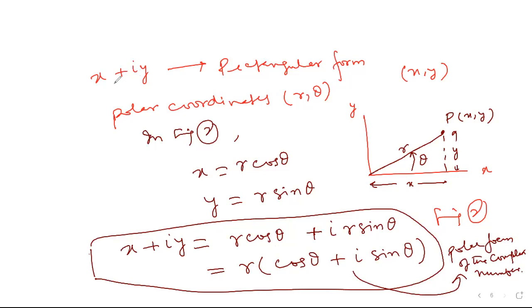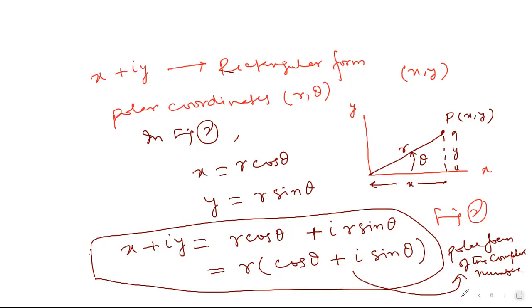So when we write the complex number in the form x plus iota y, it is rectangular form. If we write it as r times cos theta plus iota sin theta, it is called the polar form of the expression.